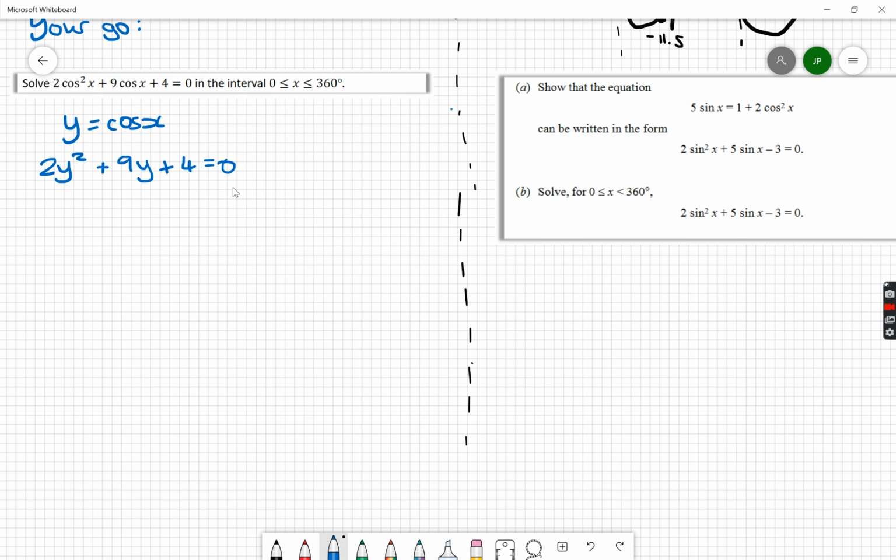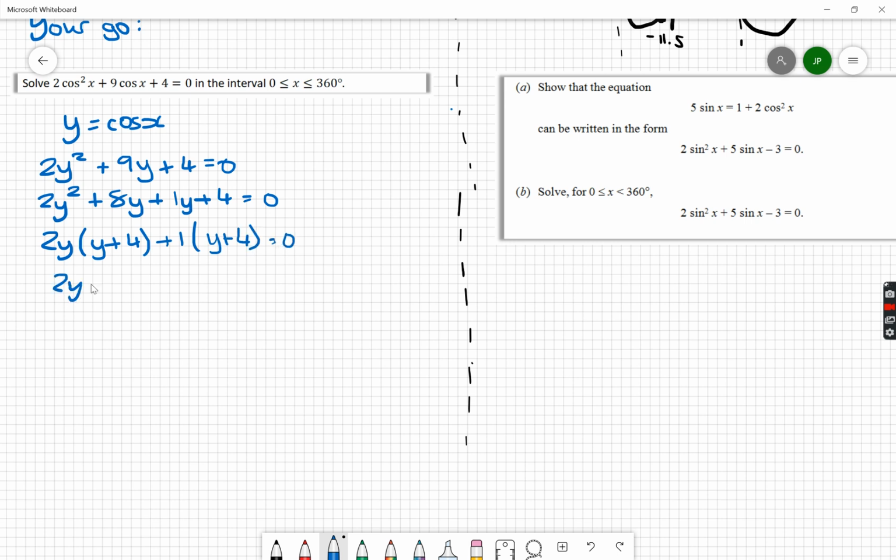I'm going to go to factorising. So I'll have 2y squared plus 8y plus 1y plus 4 equals 0, and we will get 2y lots of y plus 4 plus 1 lot of y plus 4 equals 0.